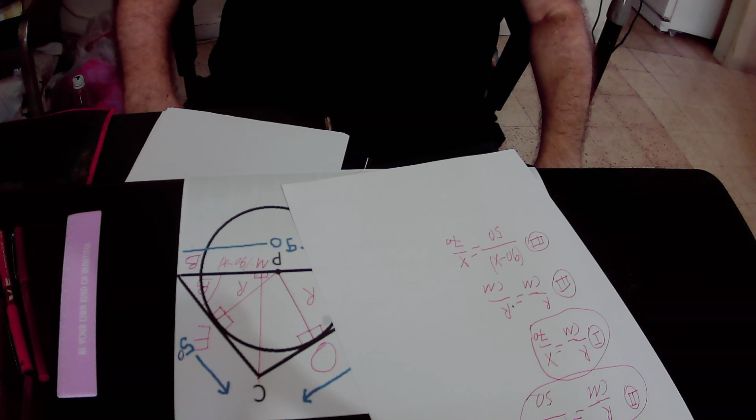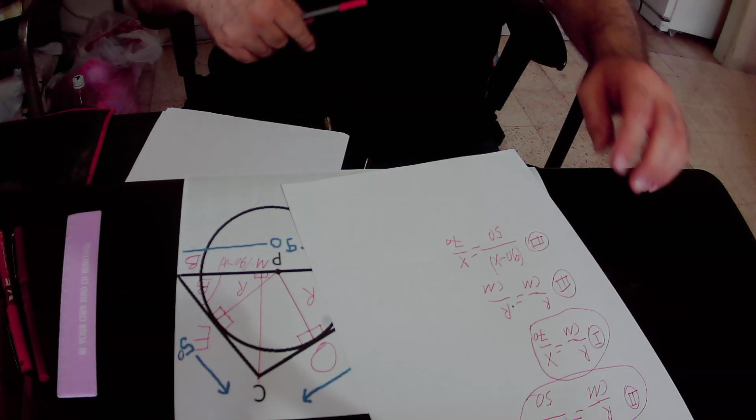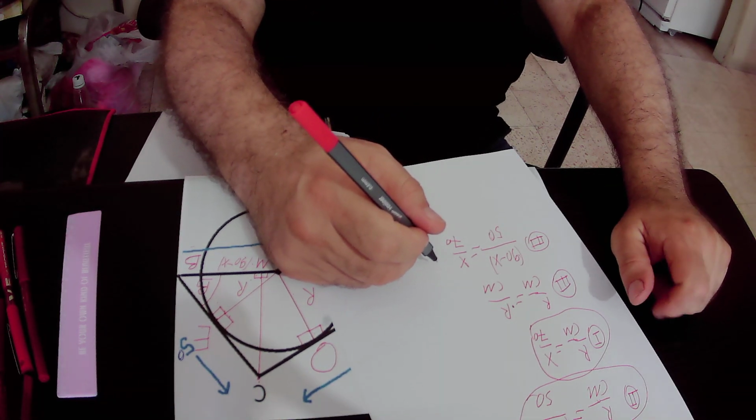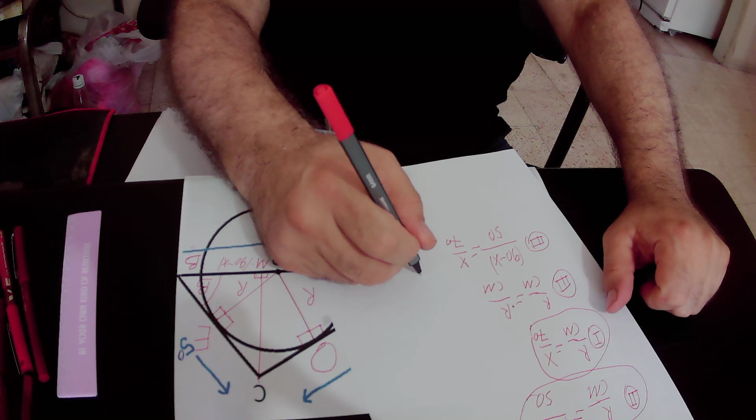Now we will multiply both sides of the equation by 50.